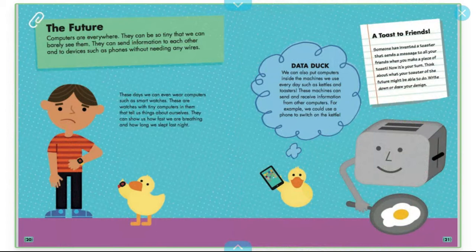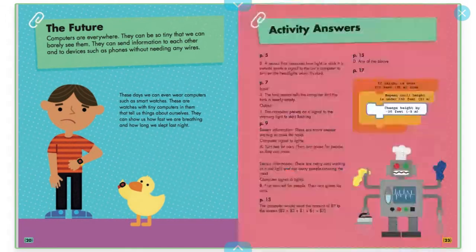Someone has invented a toaster that sends a message to all your friends when you make a piece of toast. Imagine that. Now it's your turn. Think about what your toaster of the future might be able to do. If you would like to, you can write down or draw your design, and you can also share it with me.